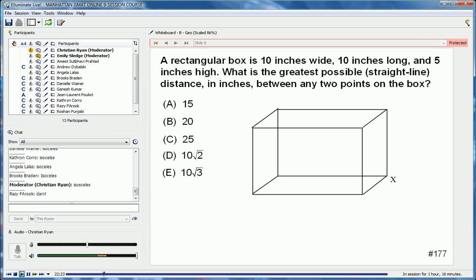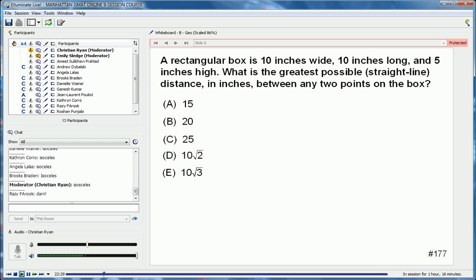Okay. Here is your next problem. I'm going to erase what I just drew there. Go ahead.